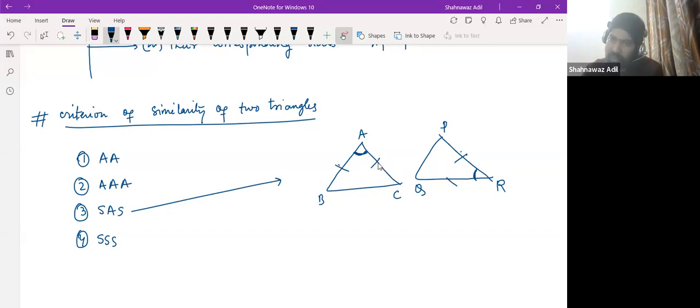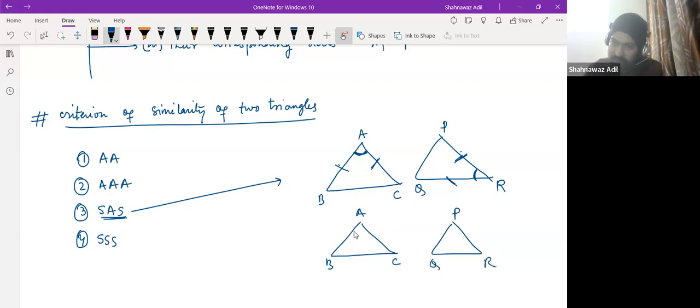We can also write it this way: in triangles ABC and PQR, if angle A is equal to angle P, these sides should be proportional.